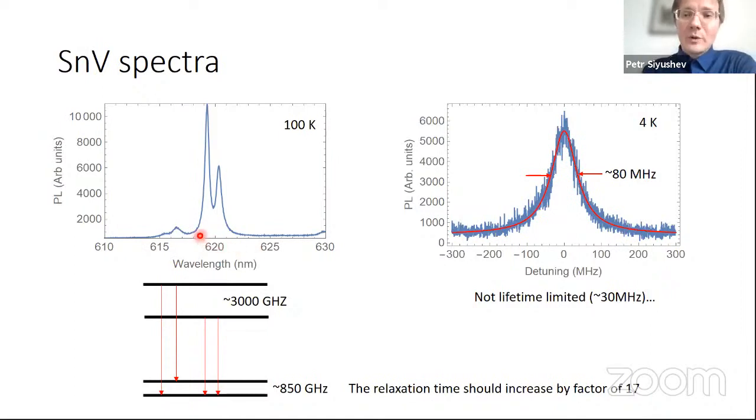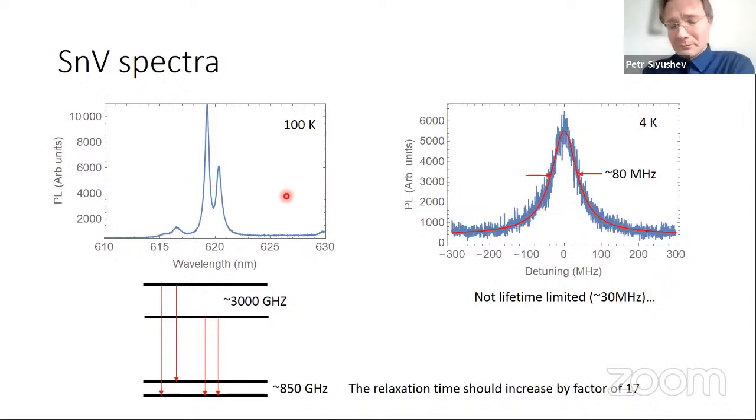However, there are some problems at the moment which we are facing with fabrication of these centers, because the ions are larger compared to silicon or even germanium. And while shooting them into the diamond, you create much more damage. And this damage is something you can't easily get rid of.